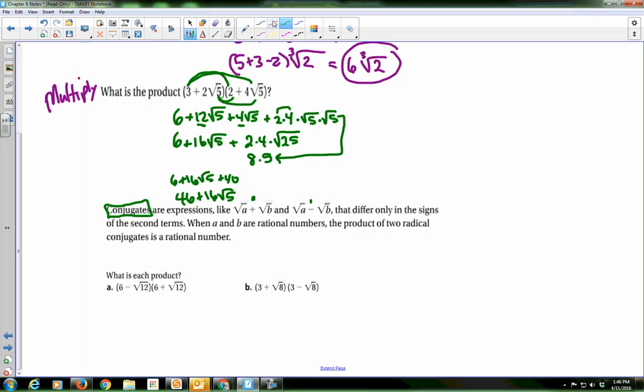So if I were to FOIL these 2 conjugates, 6 times 6 would be 36. 6 times root 12 is 6 root 12. Negative root 12 times 6 is negative 6 root 12.